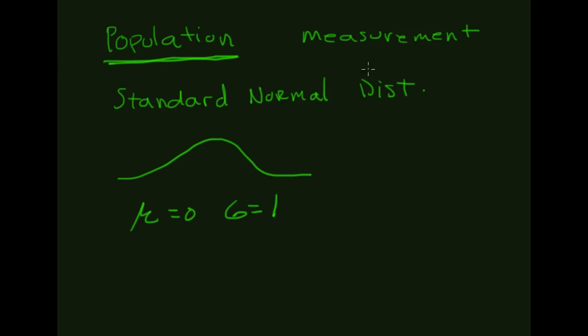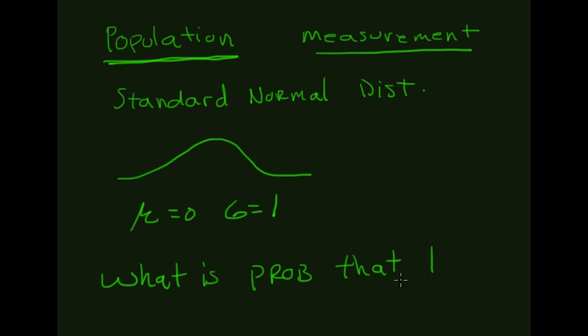Now, the question that I have is that if I pick a person or an item from this population at random and I measure it, what is the probability that I will choose an item whose measurement is between -1 and 1?